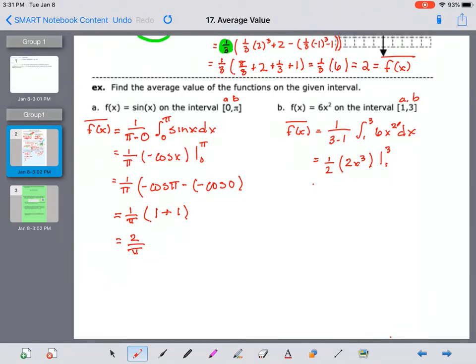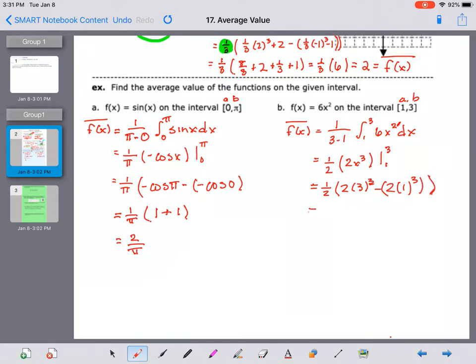So now all I'm doing is plugging in. We're taking our top limit and plugging in, subtracting out the bottom limit. Here's my parentheses. And I have a double parentheses there.